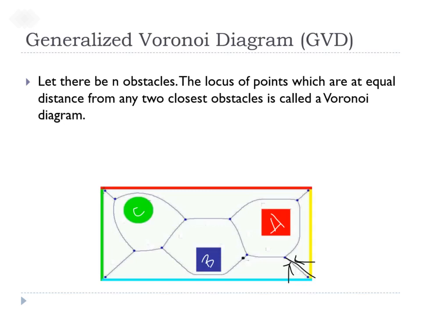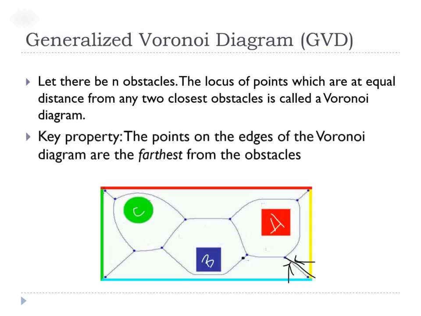So let there be n obstacles. The locus of points which are at equal distance from any two closest obstacles is called a Voronoi diagram. Key property is that the points on the edges of the Voronoi diagram are farthest from the obstacles in the range.